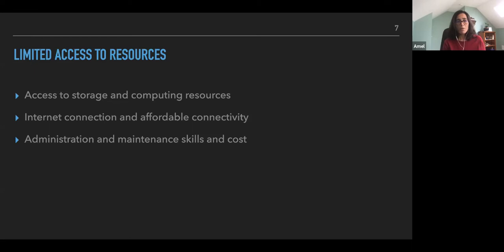And even though it is getting better in many of these regions, it is still not affordable to have a stable internet connectivity, and costs are very high. The maintenance and administration costs are also quite high and do require some specific administration skills to be developed.